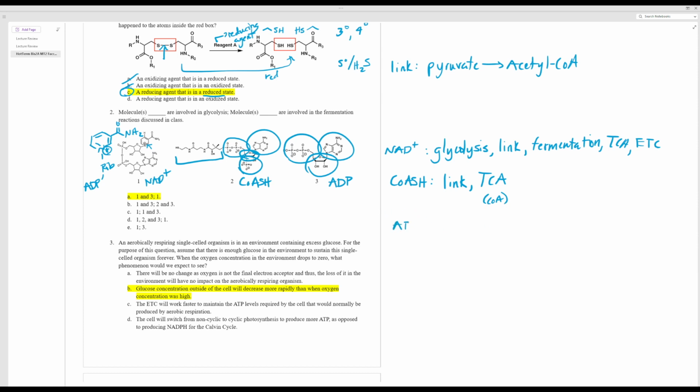Finally, ADP. This is involved in glycolysis, the TCA cycle, and instead of the ETC, let's be even more specific and say chemiosmosis.